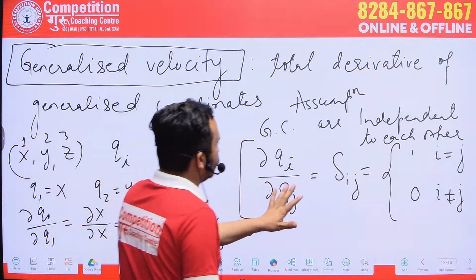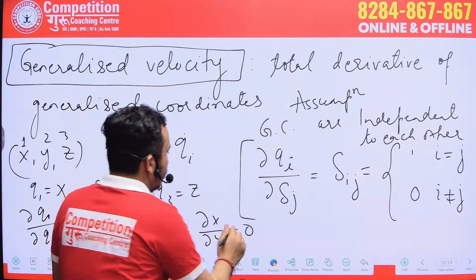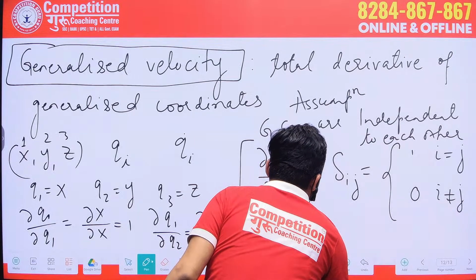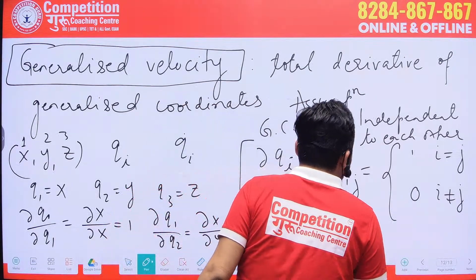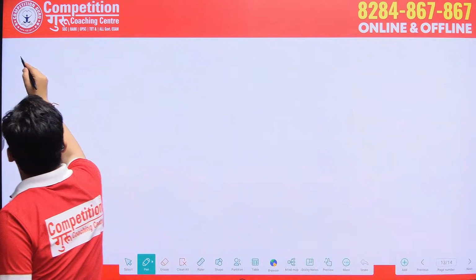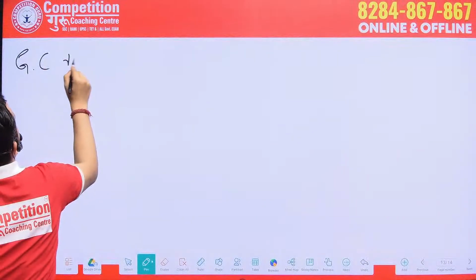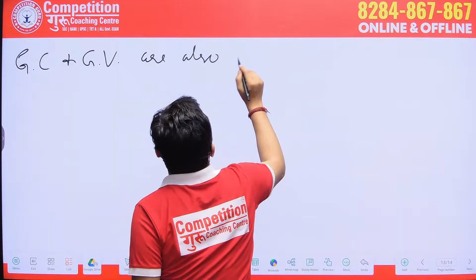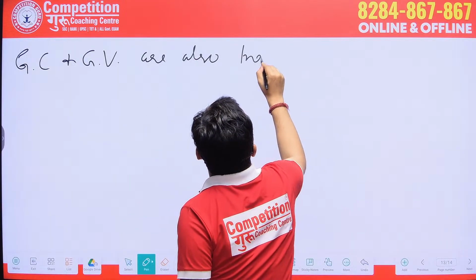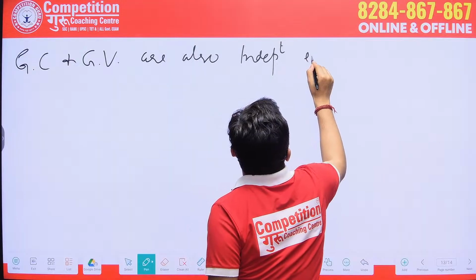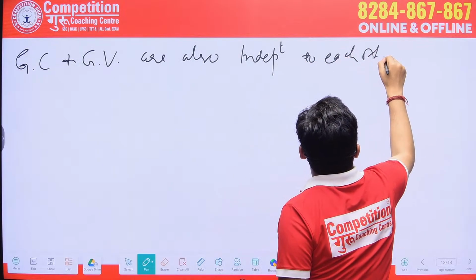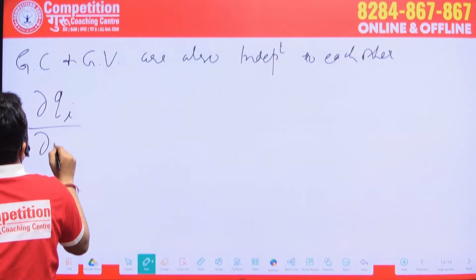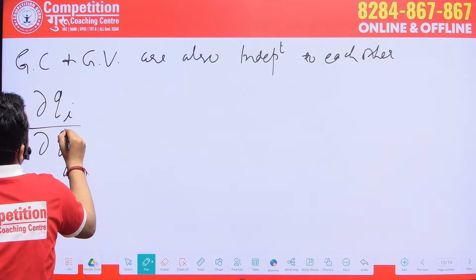Similarly, generalized velocities are also independent of each other, so delta q i dot by delta q j dot is equal to 0. Generalized coordinate and generalized velocity are also independent of each other, so delta qi by delta qj dot is equal to 0.